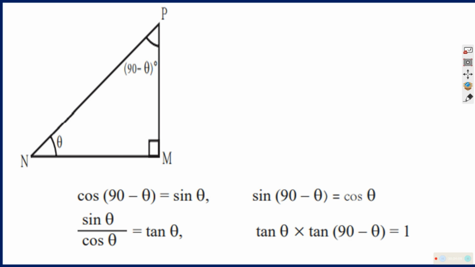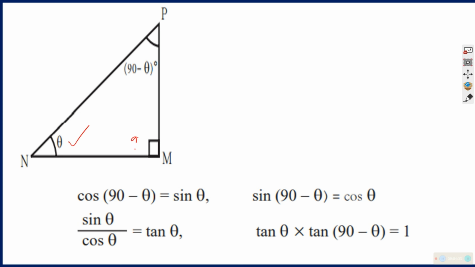Before that, this is also from your 9th standard knowledge. Here is a right angled triangle which is named PMN, and let us apply a little bit of our previous year knowledge over here. This angle is named theta.